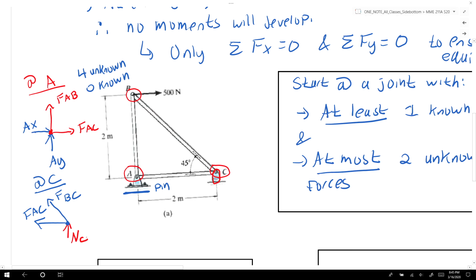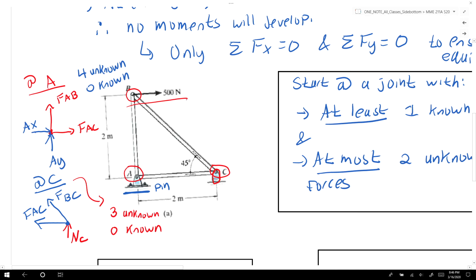So at C we have 3 unknown forces and 0 known forces, so we cannot apply our equilibrium equations here. What we are left with is the joint at B.